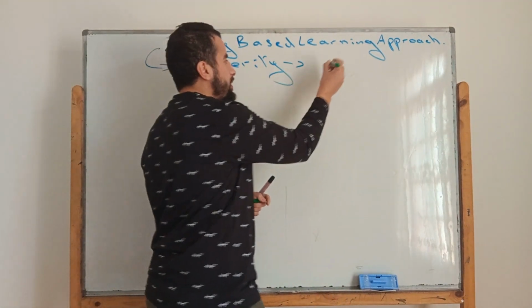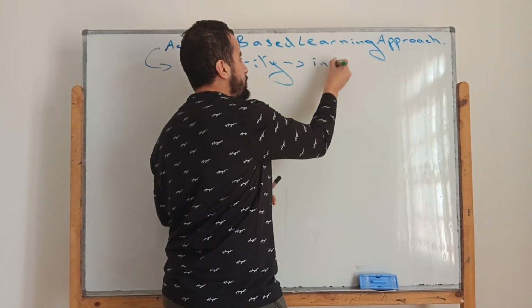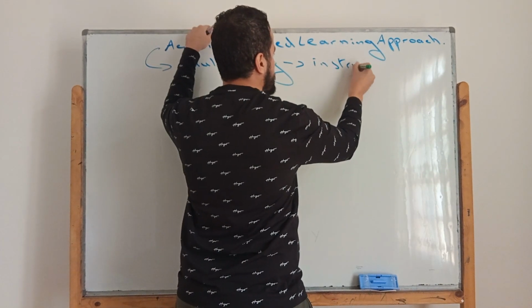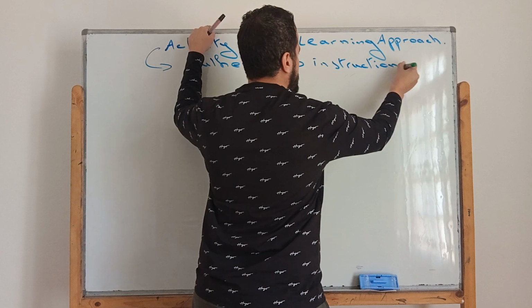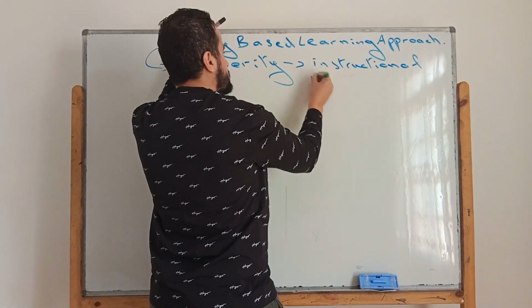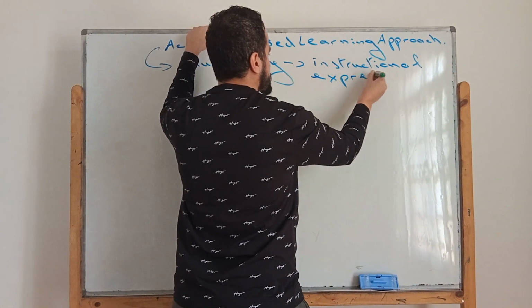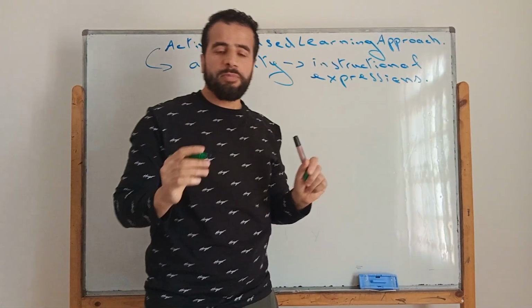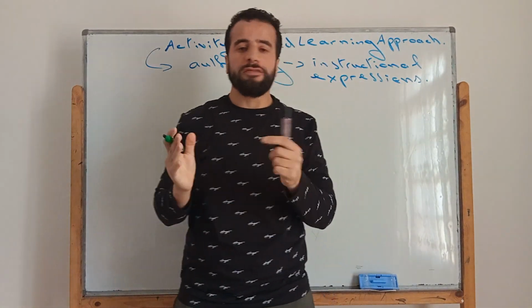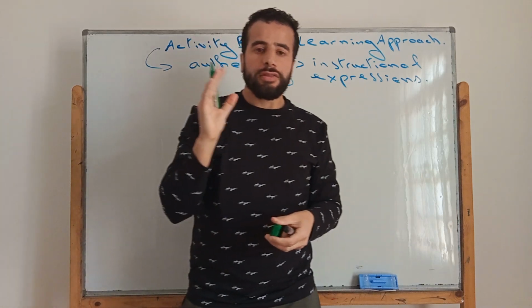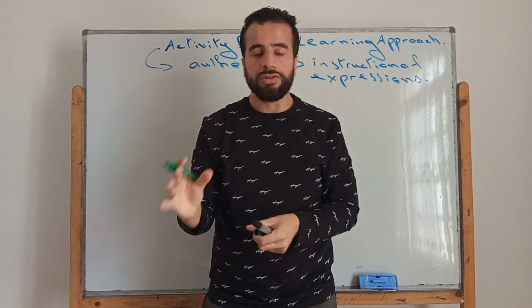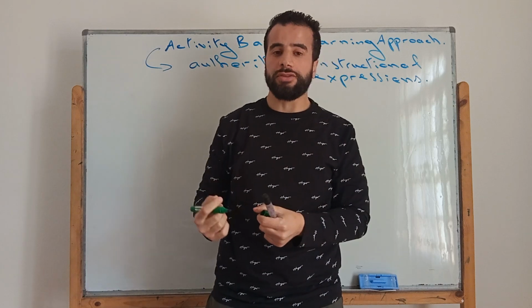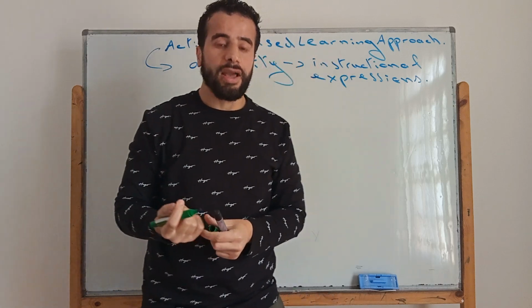It has to deal with what? With instructional expressions. Simply, when you provide a task, you have to inform your learners about the things that they need to focus on while performing the activity.